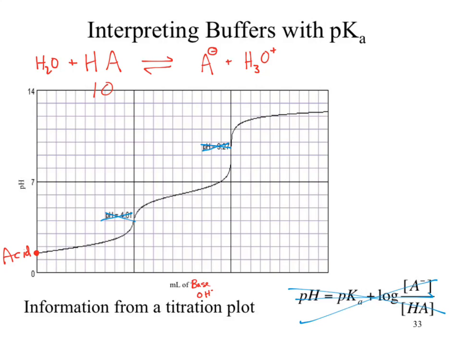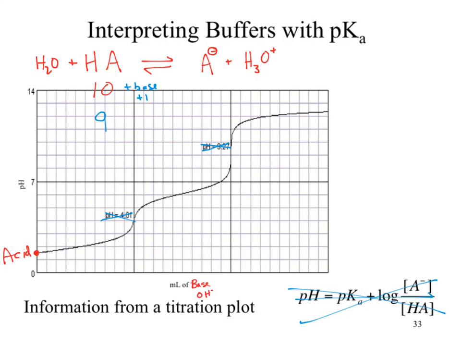Okay? And we add a little bit of base. What happens to the concentration of HA? Okay, so if we add one base, the result is that HA is going to drop because the base is going to react with HA. So that becomes 9. What happens on the other side? What happens to A minus?